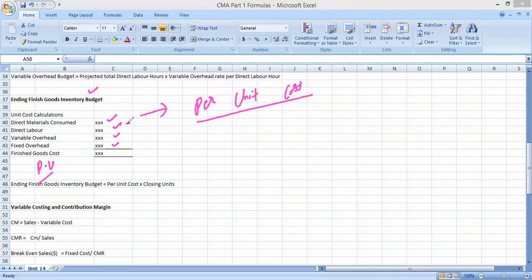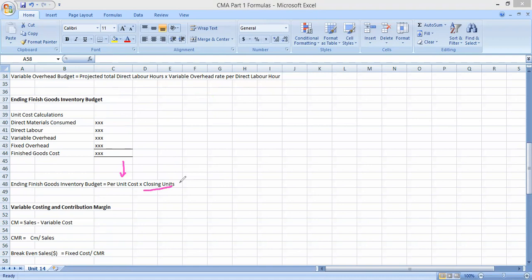So all these costs will come from the respective budgets. Material cost will come from the material budget, labor cost will come from the labor budget, and variable overhead and fixed overhead cost will come from the respective budgets. Once you have the per unit cost, in order to calculate the ending finished goods inventory budget, you just need to multiply this per unit cost with the closing units.